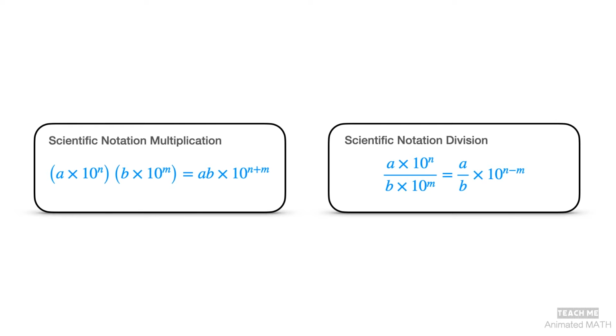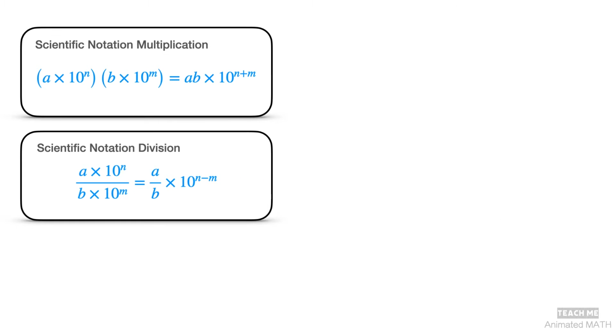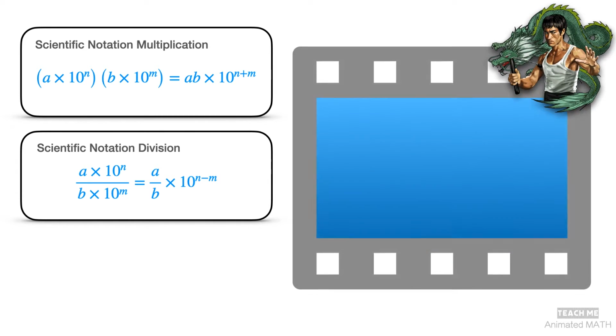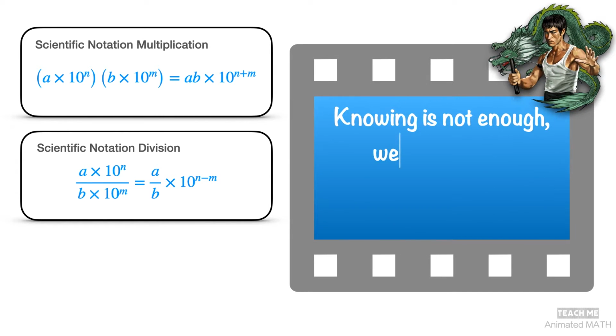But of course, I know that right now, these two formulas might just look like mumbo jumbo that don't even mean anything to you. And as the great Bruce Lee said, knowing is not enough, we must apply.